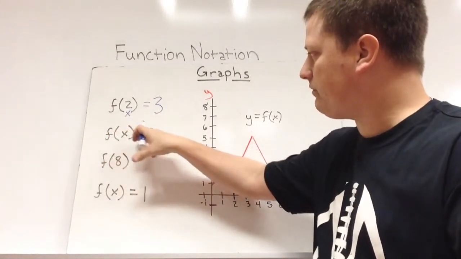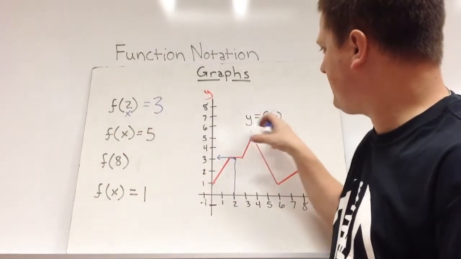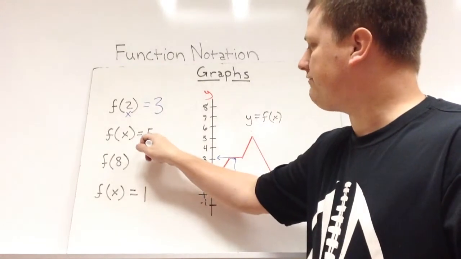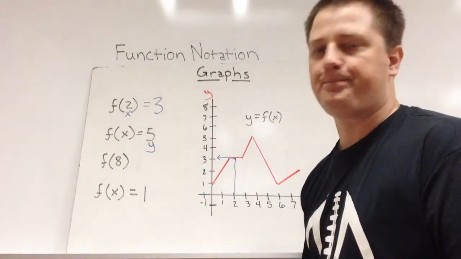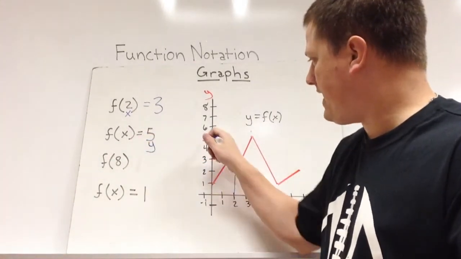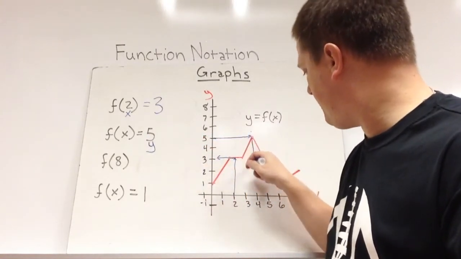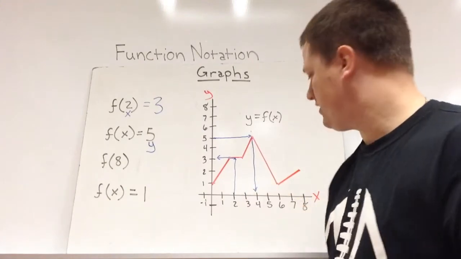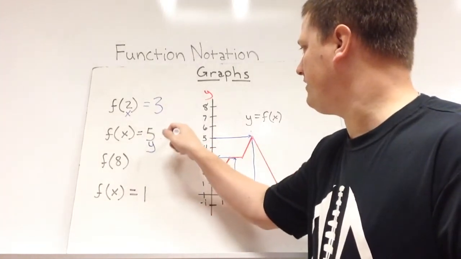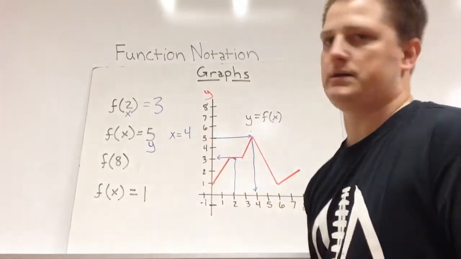F of x equals 5. Well, f of x equals our y value. So this 5 is a y. So we're going to go to the y-axis, go to 5, go over, and then go down to our x to find out that x equals 4.